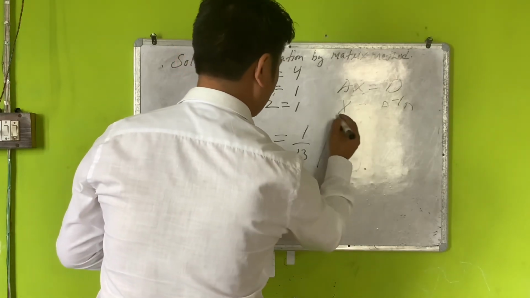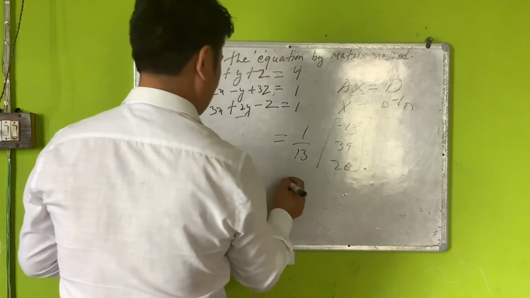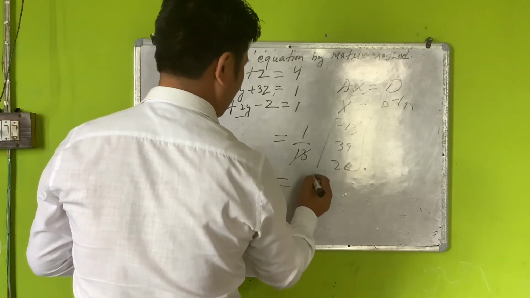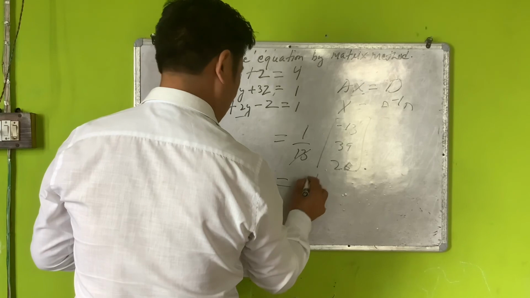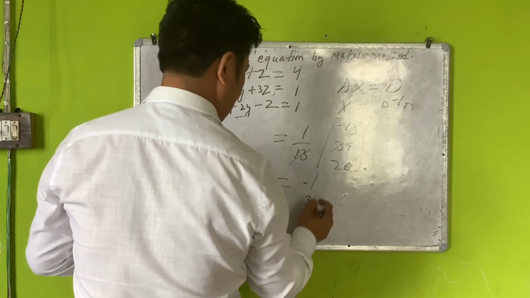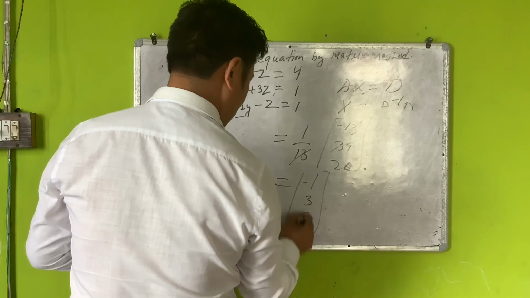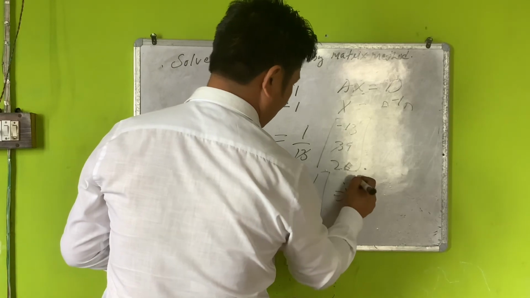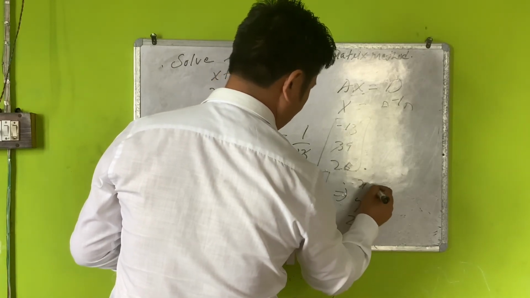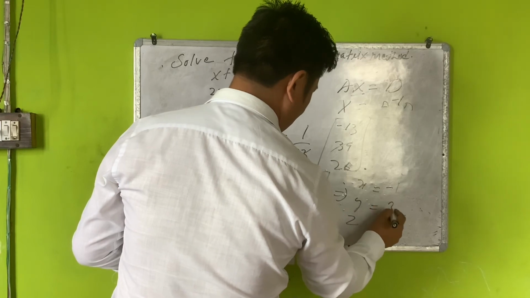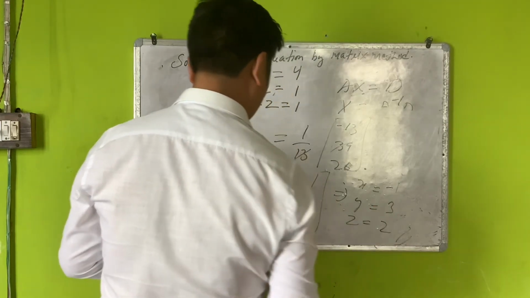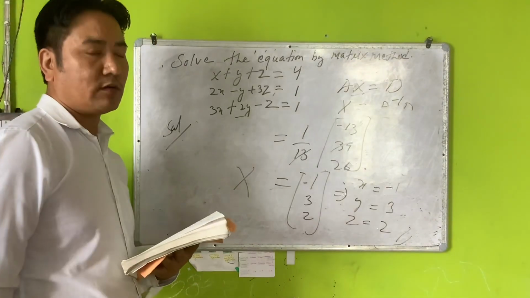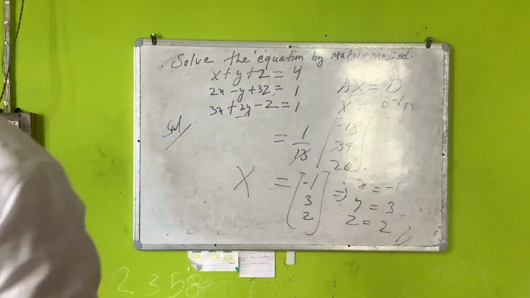You have to do this matrix multiplication. You divide by 13: minus 1, 3 and 2. So capital X is minus 1, 3 and 2. Therefore x, y, z are minus 1, 3 and 2. This is how you can solve equations using the matrix method. Hope you understood this. Thank you.